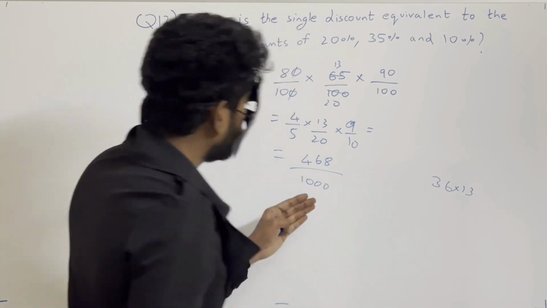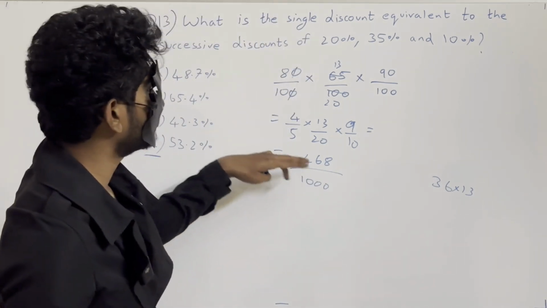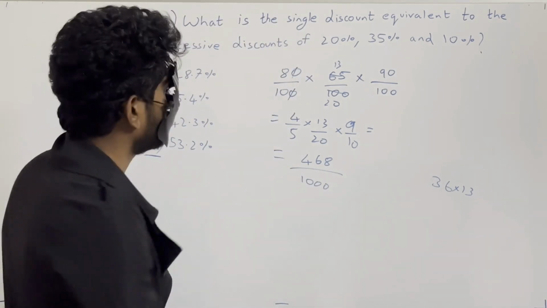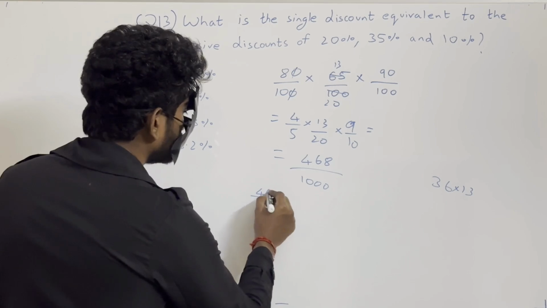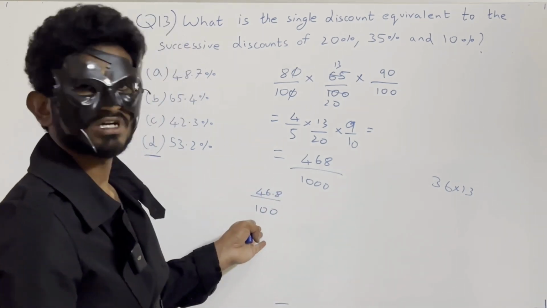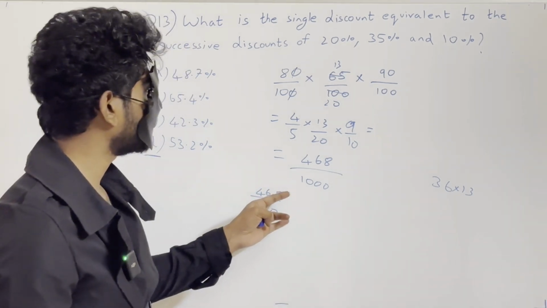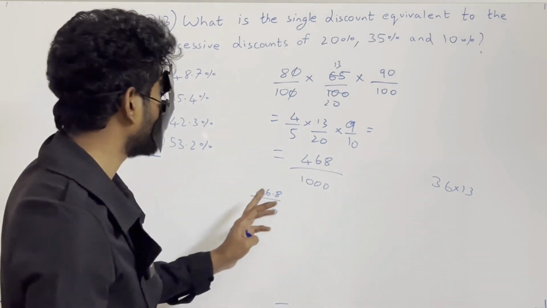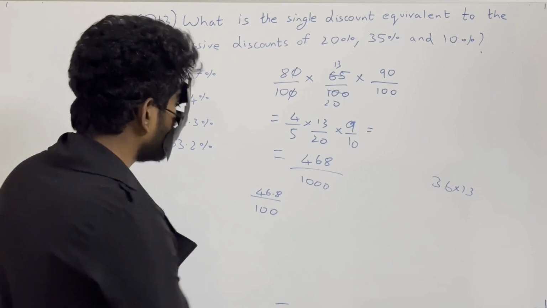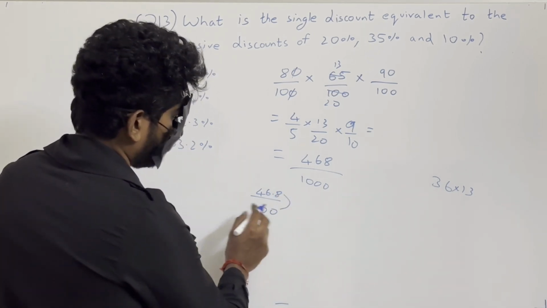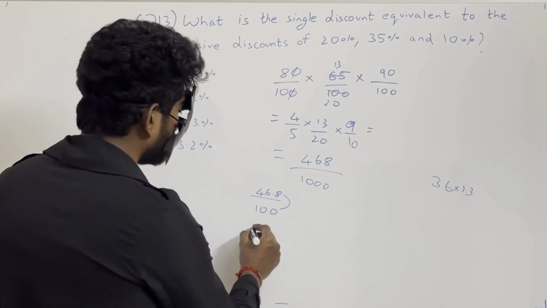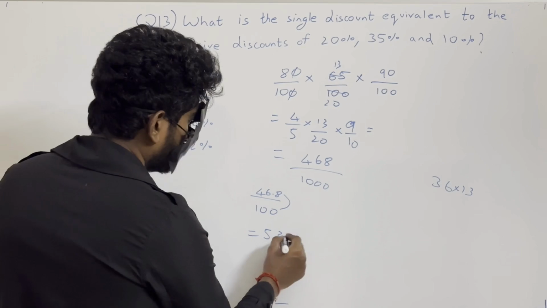So an item which is at 1000 rupees, you are selling it at 468. So an item which is at 100 rupees, you will be selling it at 46.8, right? Divide the denominator by 10. So how much percentage discount you are giving is, you need to subtract 46.8 from 100. So 100 minus 46.8 is nothing but 53.2.